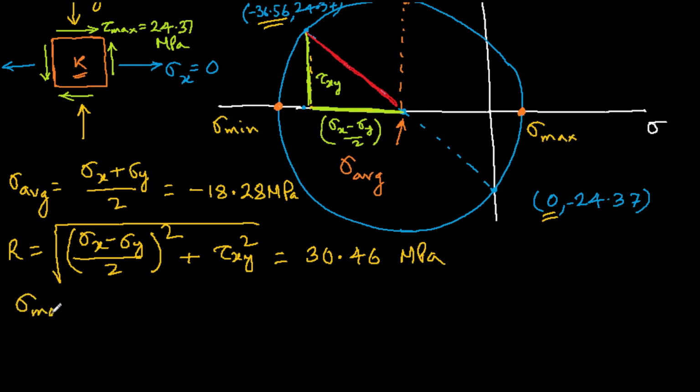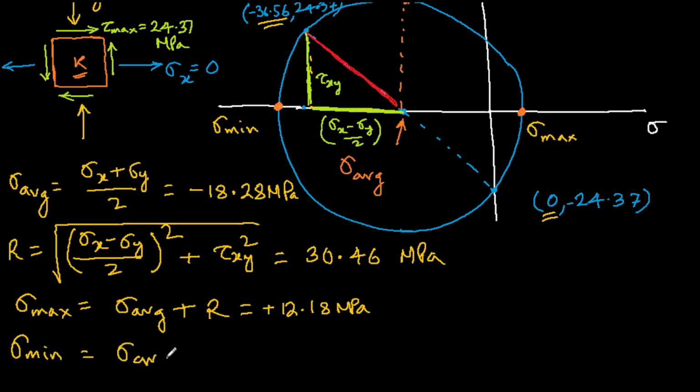Sigma max, one of the principal stresses, is equal to sigma average plus the radius R, which will come out to be plus 12.18 megapascal, and sigma min will come out to be sigma average minus R, which will come out to be minus 48.7 megapascal.